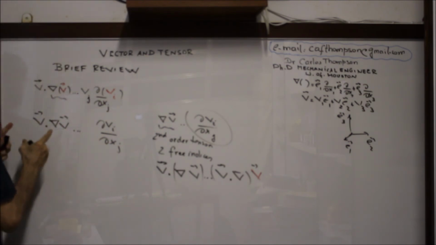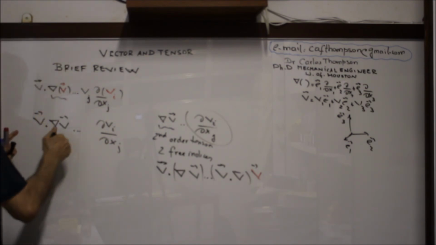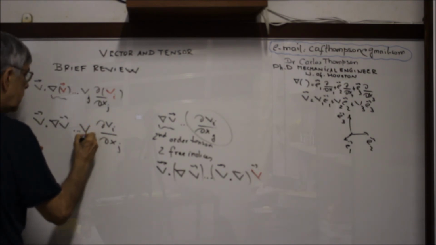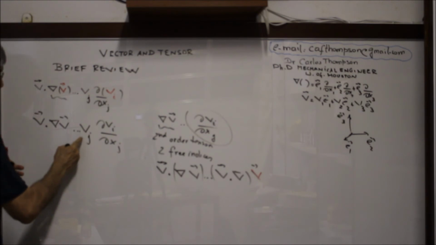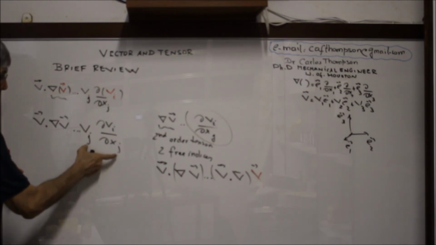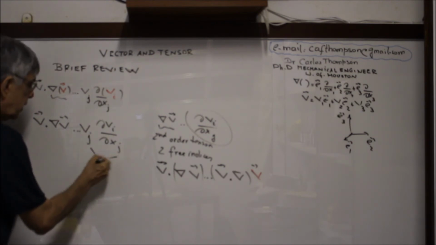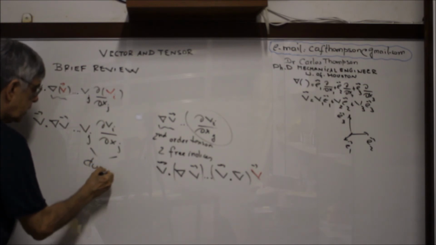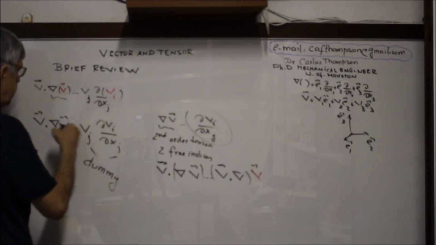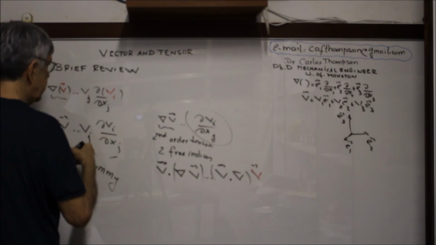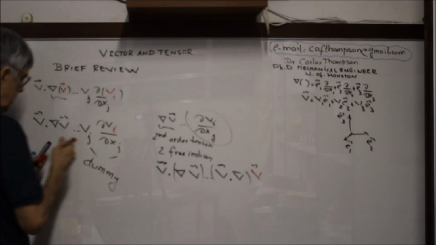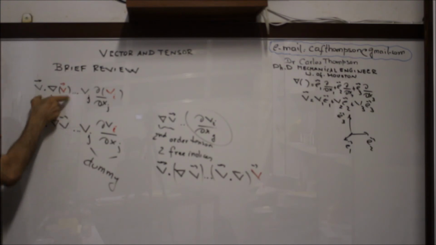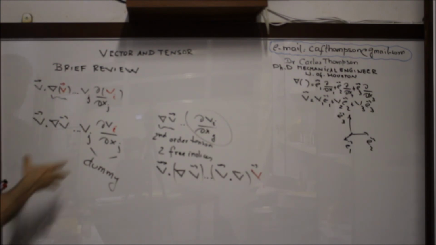Now, you look at here, this has to be vj, because in vj you have j as dummy, and i is free. You see, this is identical to that.